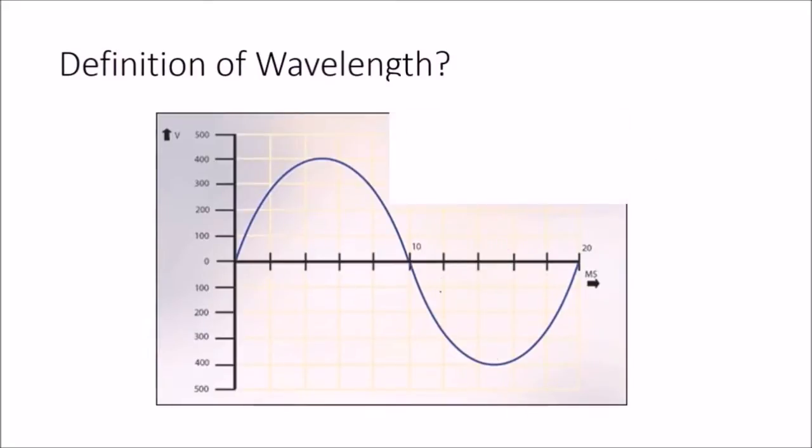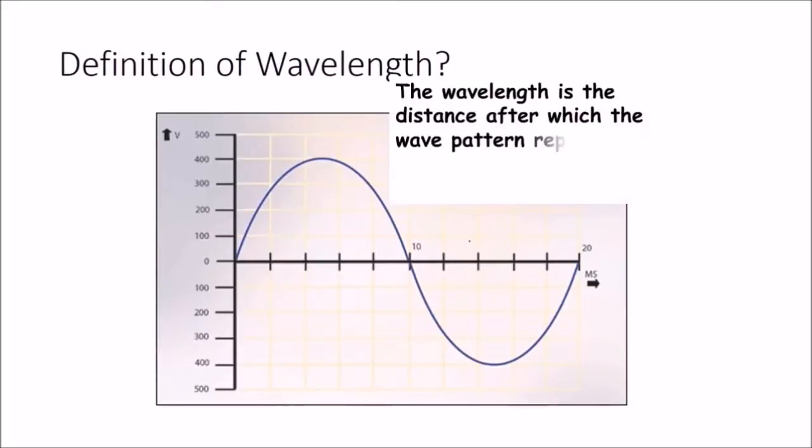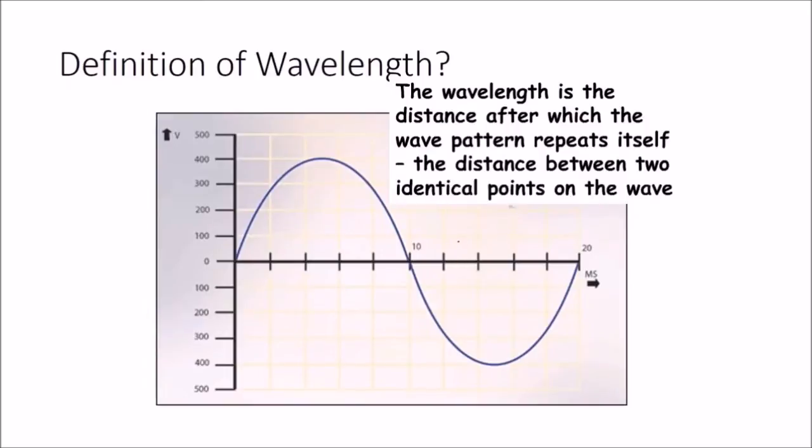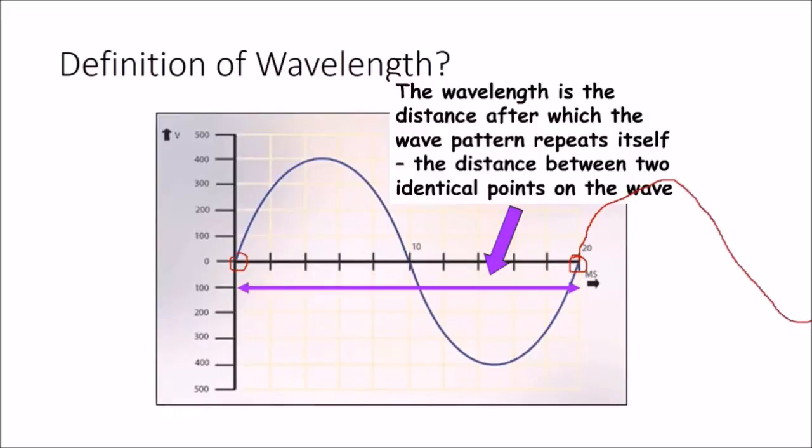So wavelength is the distance after which the wave pattern repeats itself. The distance between two identical points on the wave. These are two identical points, after which the wave is going to repeat itself. So the wavelength means from this point to this point is the distance after which the wave pattern repeats itself.